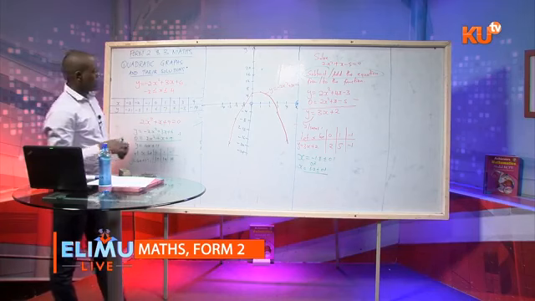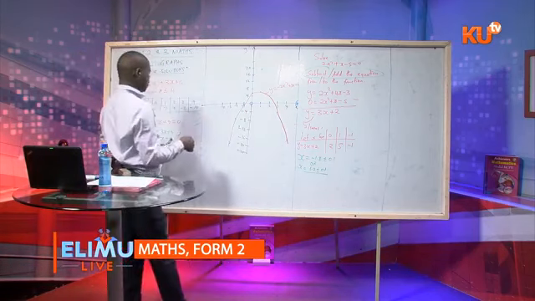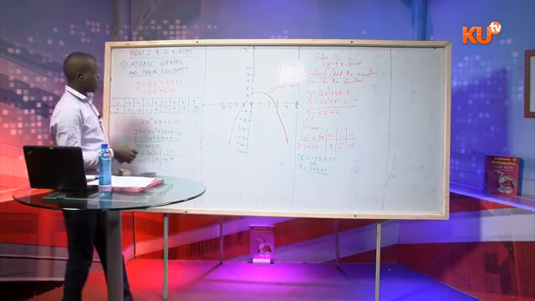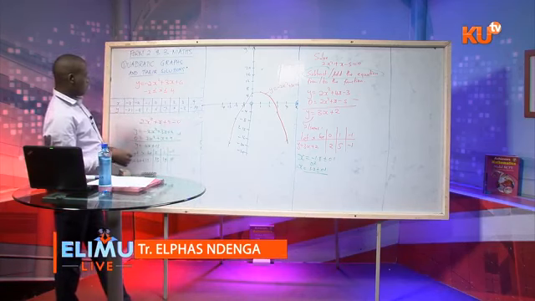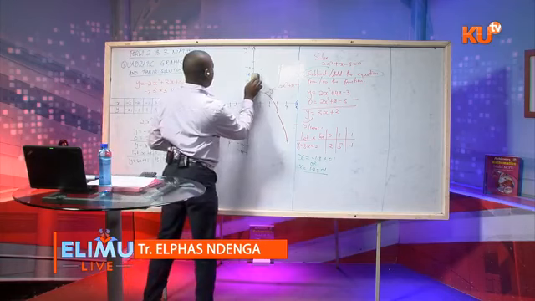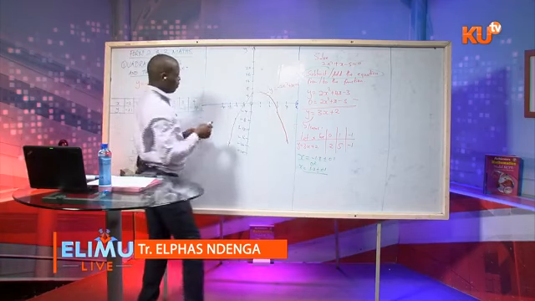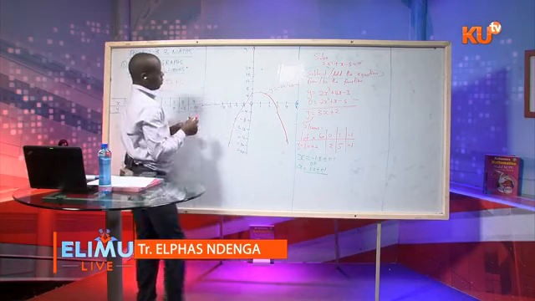So we join those with 0, 15, that is 1, 19, and then -1, 11.